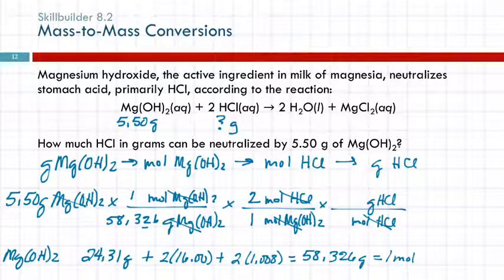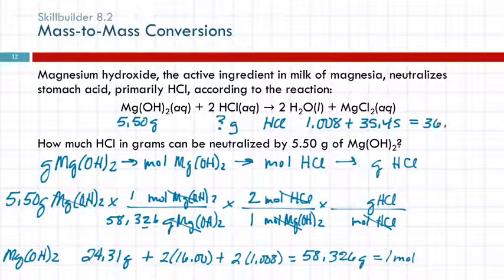HCl, I'll do it right here in the middle. HCl, there's 1 hydrogen and 1 chlorine. And so that's 36.458 grams. So 36.458 grams per 1 mole.